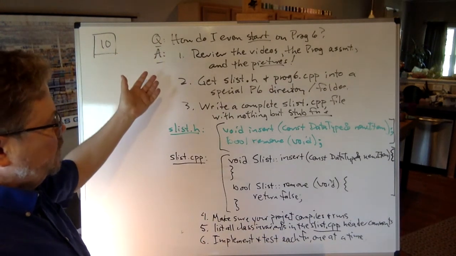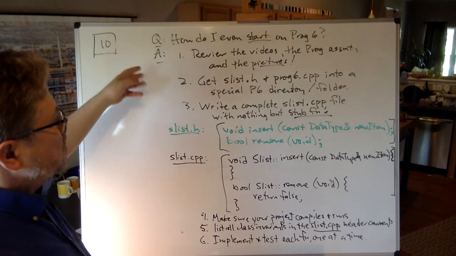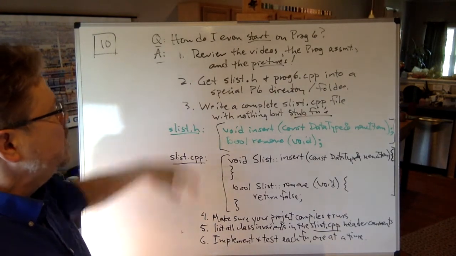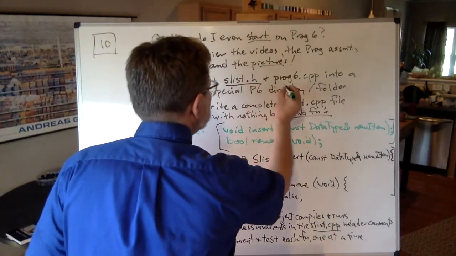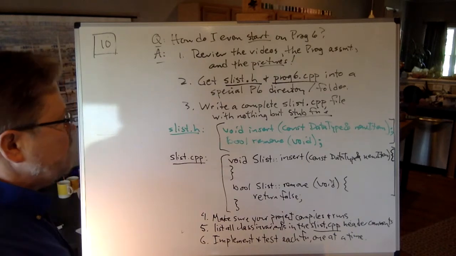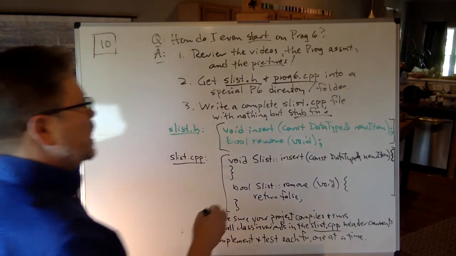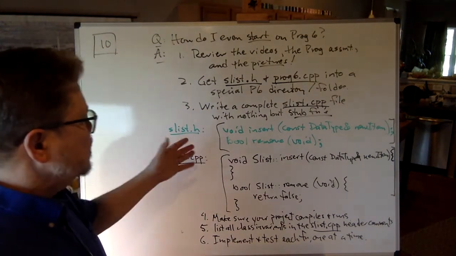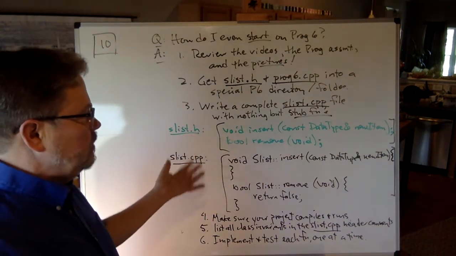Review the videos. Yes, you want to do that if you haven't watched them yet. The program assignment that I sent in the email, and look at the pictures. Get these 2 files out of the email and into a special folder that's going to be your workshop folder for this program. Then you write your own version of slist.cpp, where I'm going to claim this is all pretty mechanical stuff.